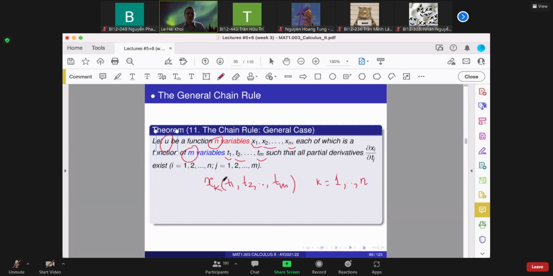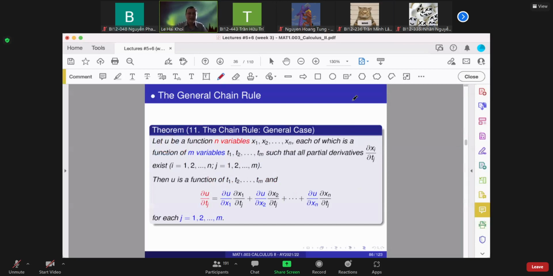So the main function has n variables, but each variable is a function of m variables. In this case, of course, you can find all the partial derivatives du over dt1, dt2, dtm. And you know now, you should take the partial derivative of u with respect to each variable x1, x2, xn, and then multiply by x1, x2, xn prime with respect to t. Then you get the answer. That's very interesting, right?